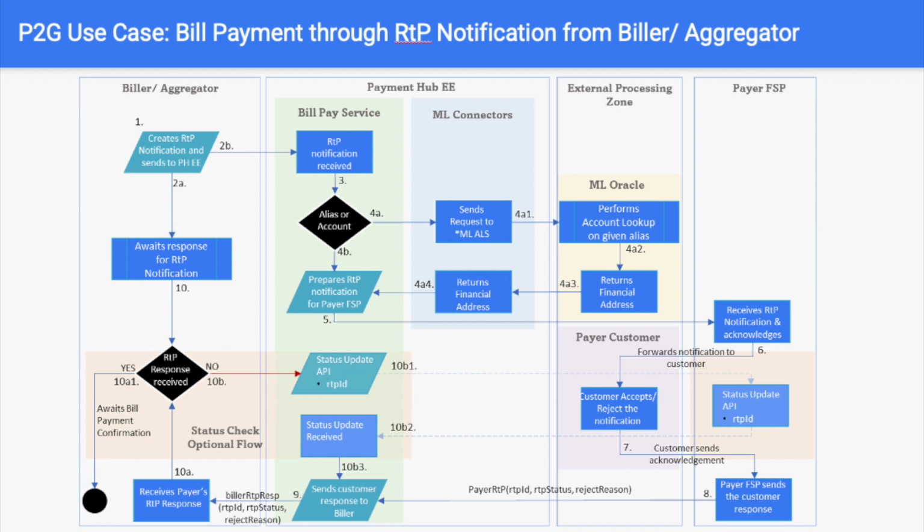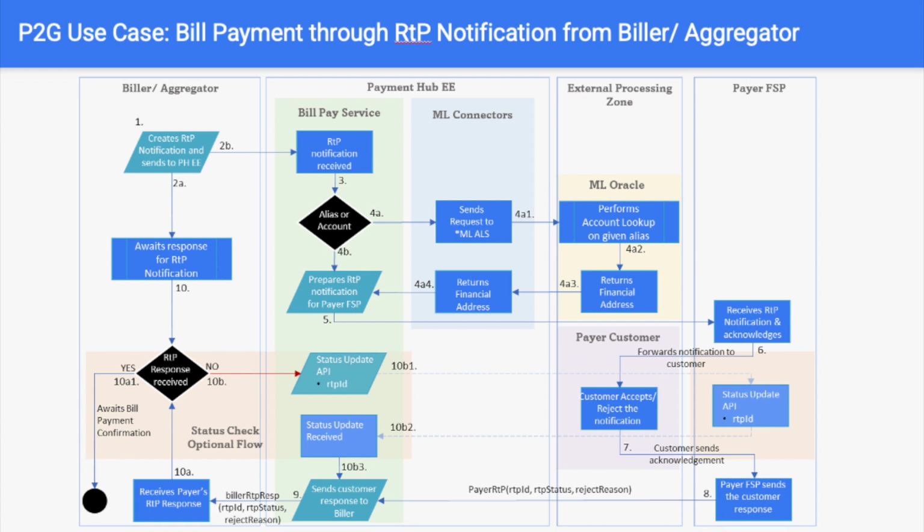If, let's say, the biller aggregator does not receive any response to its request because it's waiting for the response, in the meanwhile it can send out a status update request to the bill pay service. The bill pay service again sends out a status update request if it itself has not received an answer to its notification, and it can check and then return whatever the response is from the payer FSP back to the biller aggregator.